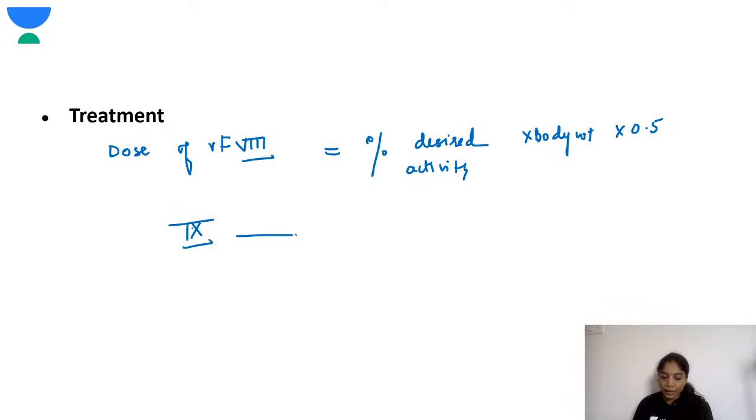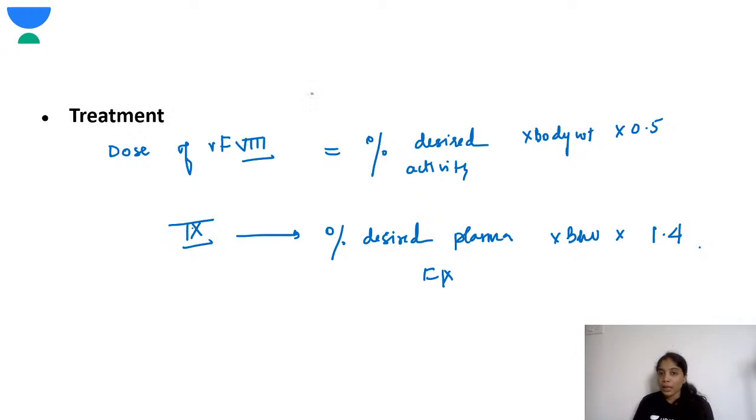For factor 9, it is the percentage of desired plasma factor 9 into body weight into 1.4.